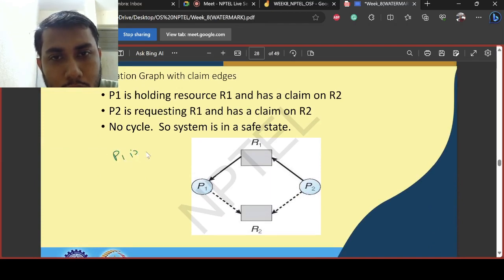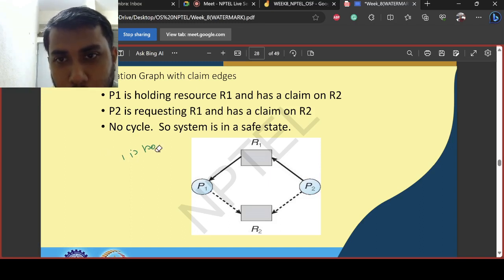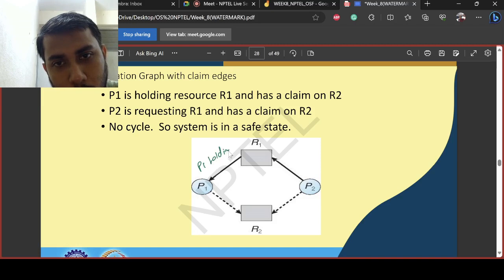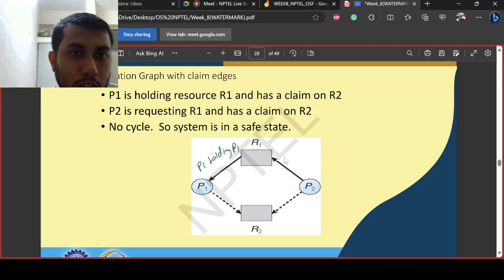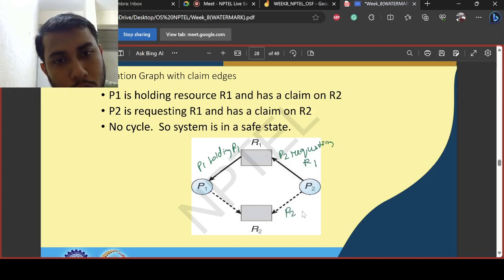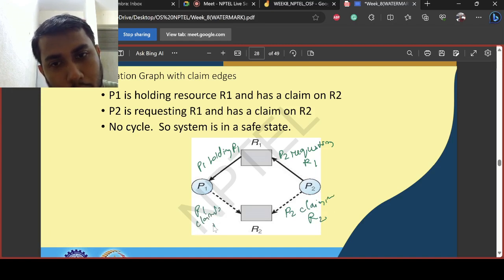P1 is holding R1, P2 is requesting R1, P2 claiming R2, P1 claiming R2.